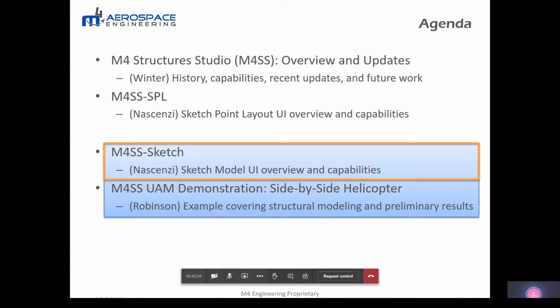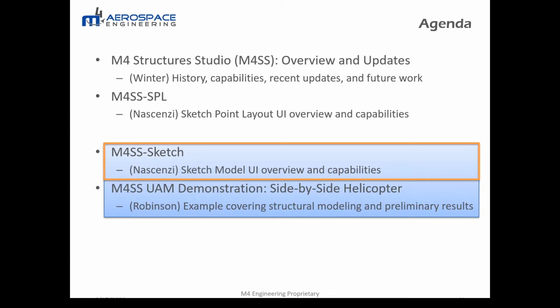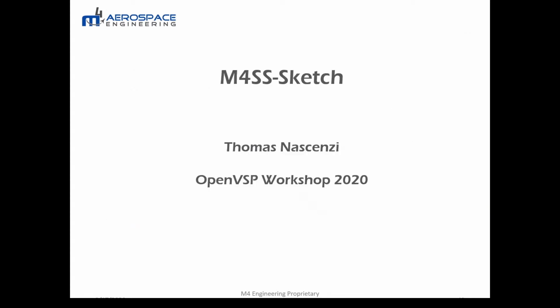All right. So welcome to part 2 of the M4 Structure Studio block. We're going to be starting with an overview of M4SS Sketch, and then Joe will lead us through a UAM demonstration of the tool. Like I said, my name is Thomas Nishenzi. Last section, I went over the M4 Structure Studio Sketch Point layout tool, and in this section, I'm going to be going over the Sketch module.